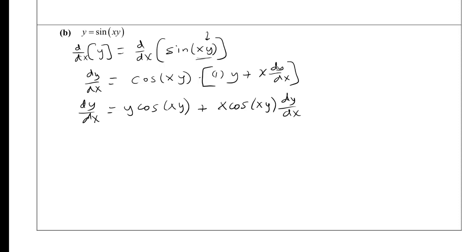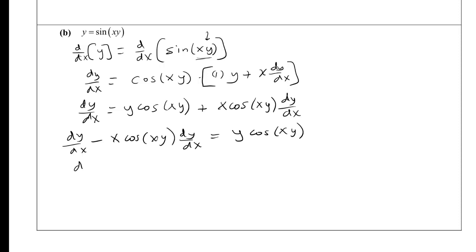As usual, I just want to get dy dx isolated, so I'll bring that to the left-hand side. So I have dy dx minus x cosine xy dy dx equals y cosine of xy. I'll factor out dy dx on the left.